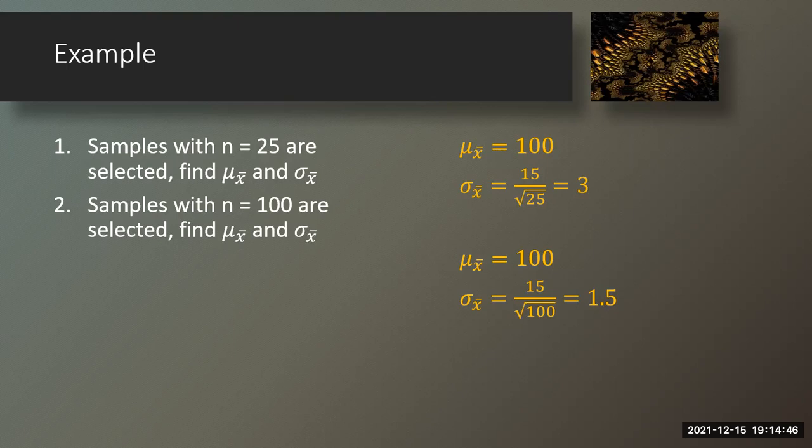So you can see that the sampling distribution will have a standard deviation that is much smaller than the population standard deviation. In fact, if you're working with a sample of 100, the standard deviation is now 1.5, very, very small. That means there's not much spread in the data, and that's usually a very good thing when we're trying to use inferential statistics. So bigger is better, it's the truth.